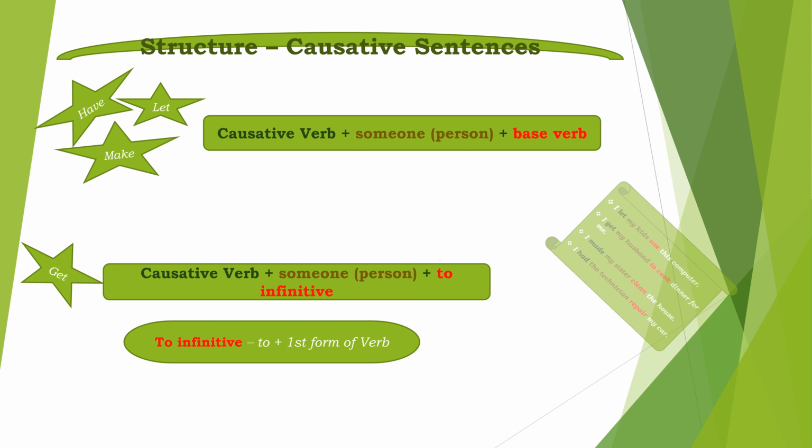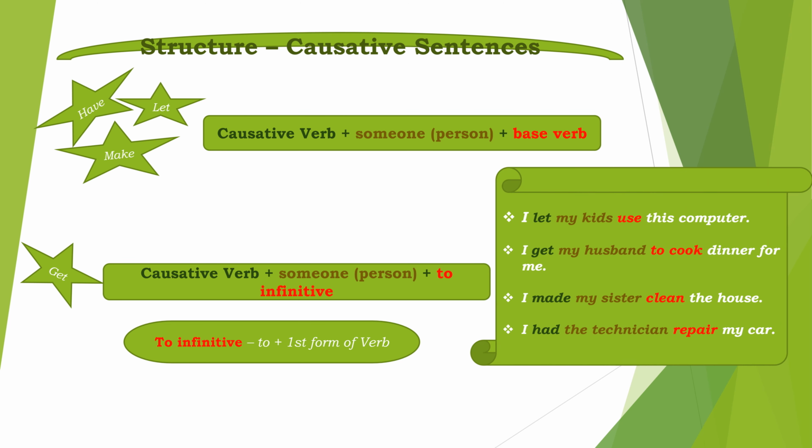Let's have a look at some examples. I let my kids use this computer. Now, these causative verb structures come in between the regular sentence, same as we use subject and the rest of the sentence, and this structure comes in between.